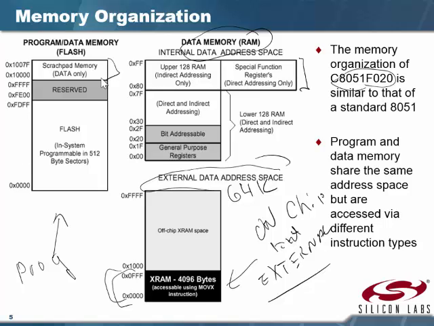Silicon Labs and most modern 8051 manufacturers have added more and more devices to their chips, such as timers and analog to digital converters. Those are controlled through the special function registers. So most of this 128 bytes is not available to us. A lot of what we're going to be doing is using the external memory.